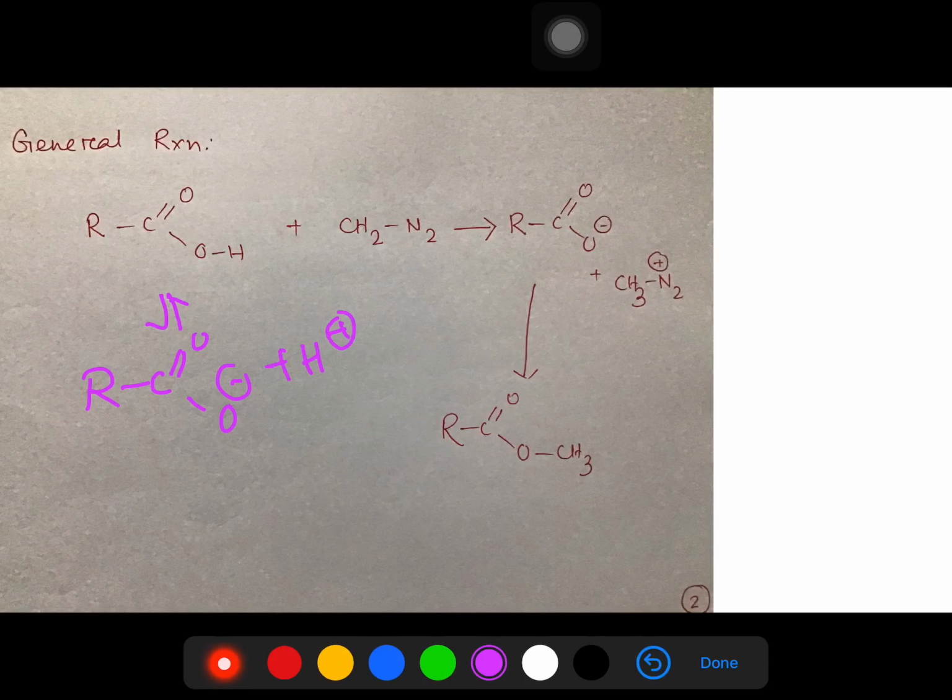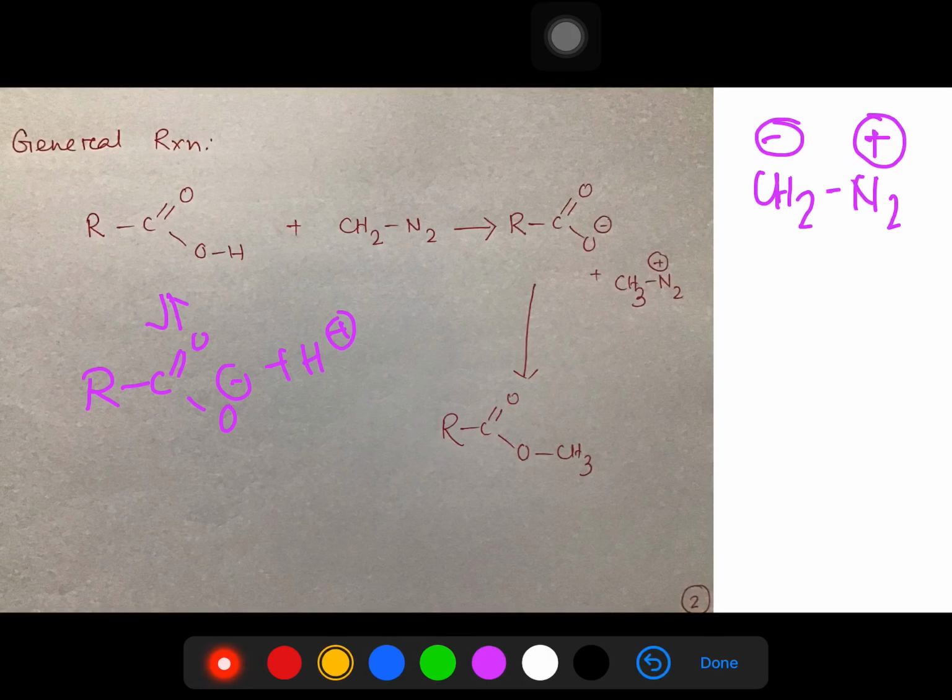And we know diazomethane, CH2N2, has a unique structure, it should be represented like this: nitrogen is having plus and carbon is minus. There are other canonical forms, I am not going into details because for our discussion this is important.